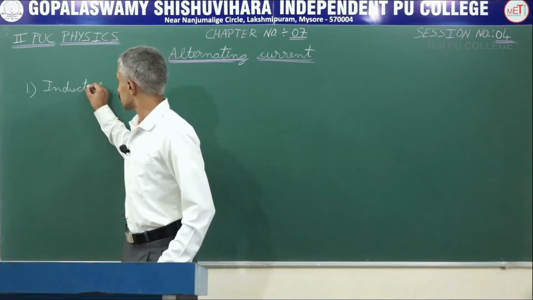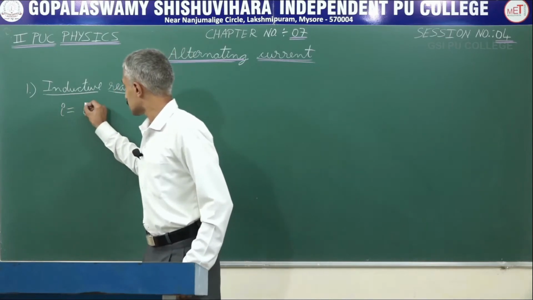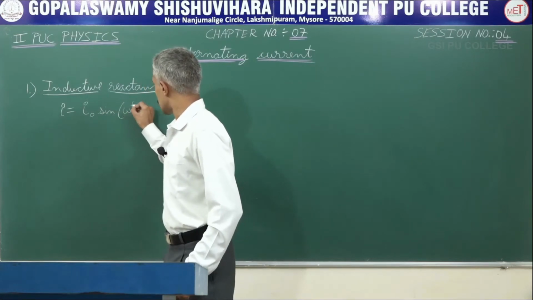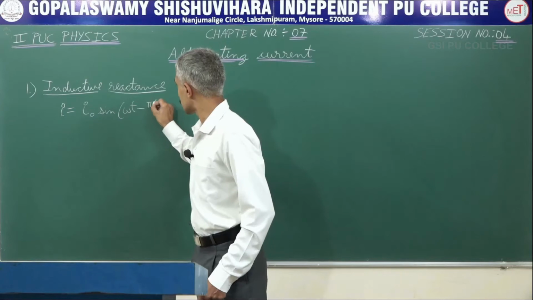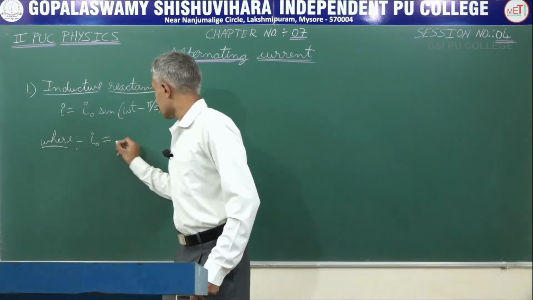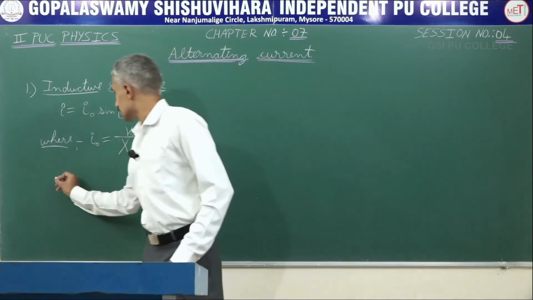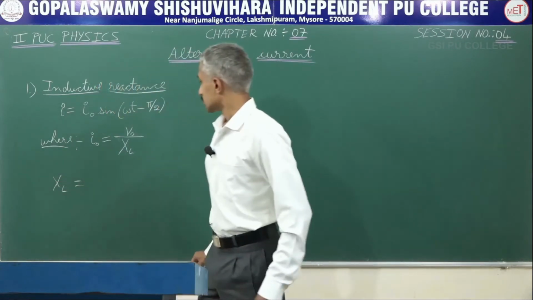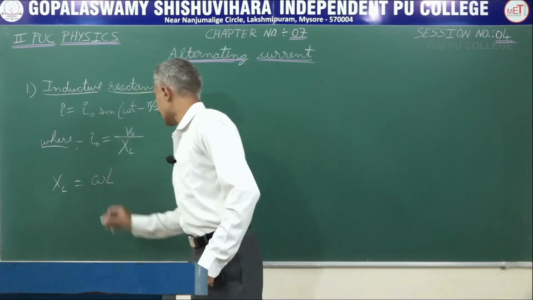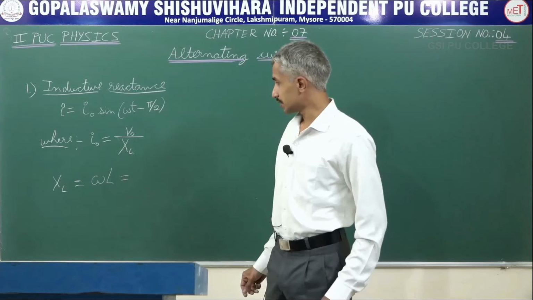Let us begin. To begin with, inductive reactance. The formula for current in an inductive circuit was I is equal to I naught sine of omega t minus pi by 2, in which the peak value of current was given by V naught by XL, where XL is called the inductive reactance and the formula for it is omega into L. Omega is angular frequency or angular velocity.